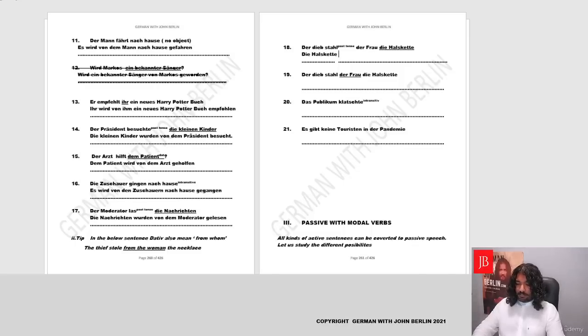It's third person singular, wird. Die Halskette wird. From whom? From the thief. Von, and thief is masculine, so dem Dieb, dem, der, dem. Von dem Dieb, yes. Or to understand it even better, die Halskette wird von dem Dieb, it's like the necklace is being, by the thief, stolen from the lady.